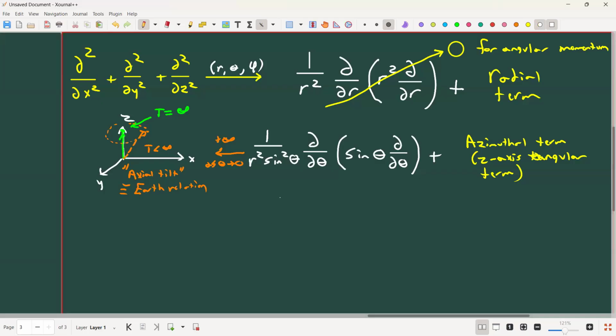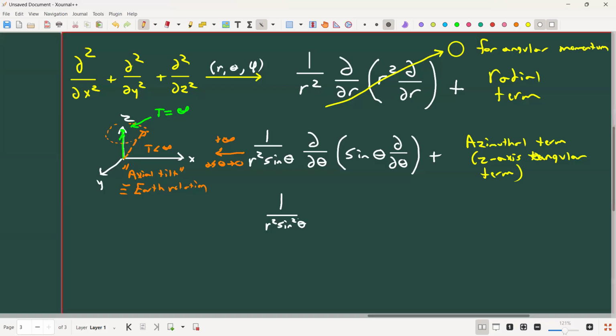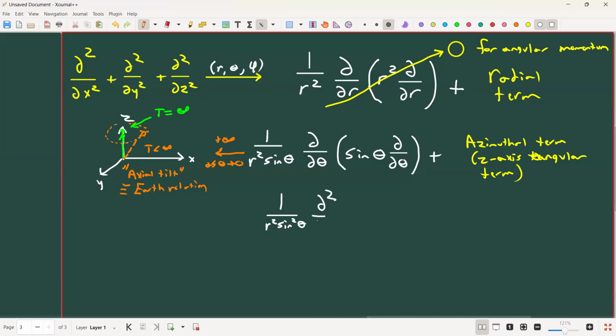And then finally, we have the last term, which is 1 over, oh, sorry, this is r squared sine theta, excuse me. There we go. So that gives me the right dimensionality now. The other one is r squared sine squared theta times the second derivative in terms of phi. Oh, sorry, that's not my phi. My apologies, I used a different label than that.